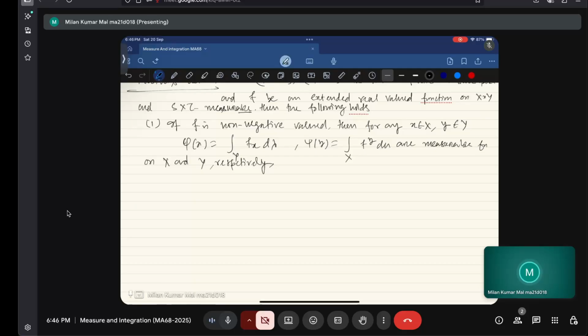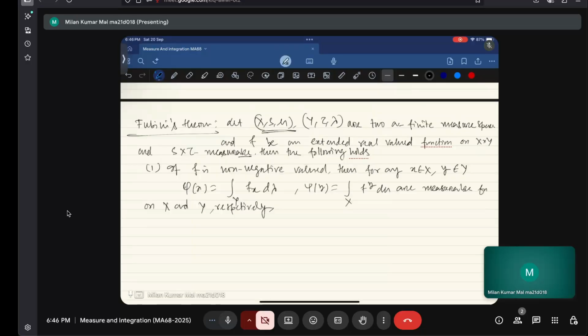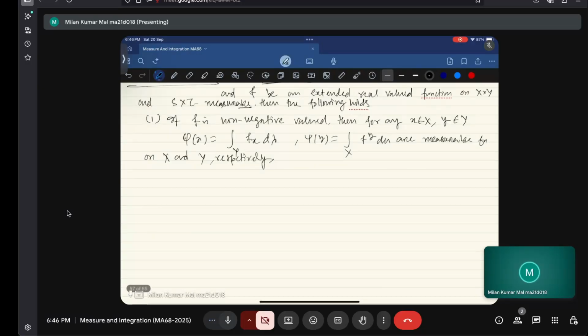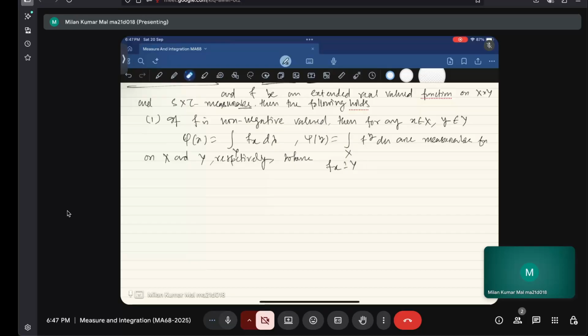Here measurable means phi is measurable with respect to the measure space S, and psi is measurable with respect to the measure space Y, where these f_x are the sections. f_x is a function from Y to R given by f_x at the point y is f(x, y), and f_y is also a section at the point y, given by the same.